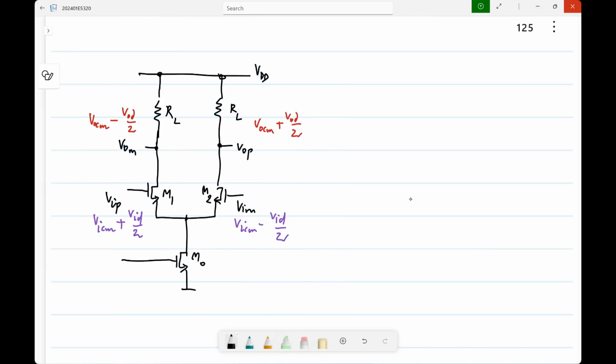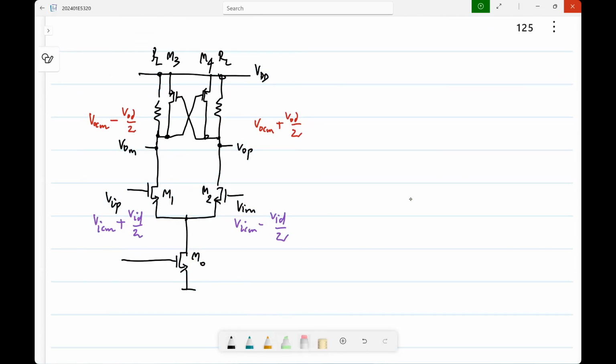So let us say that I have these resistors, and there was a question about cross coupled components. I have these also. Okay. I have RL and I have M3, M4.